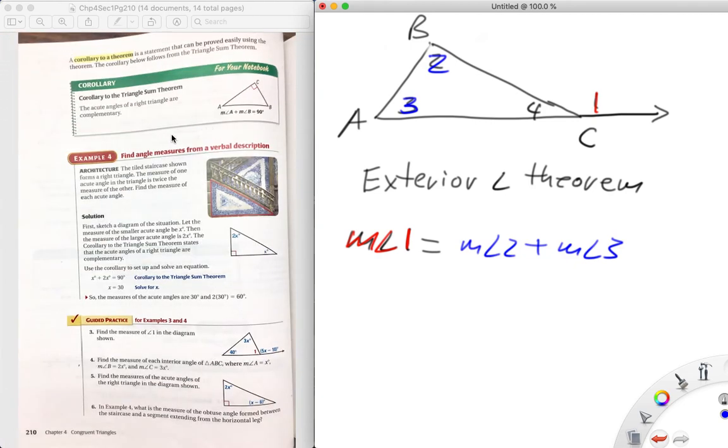Corollary to the triangle sum theorem. And the corollary says this: acute angles of a right triangle are complementary. Acute angles of a right triangle are complementary. What does that mean?